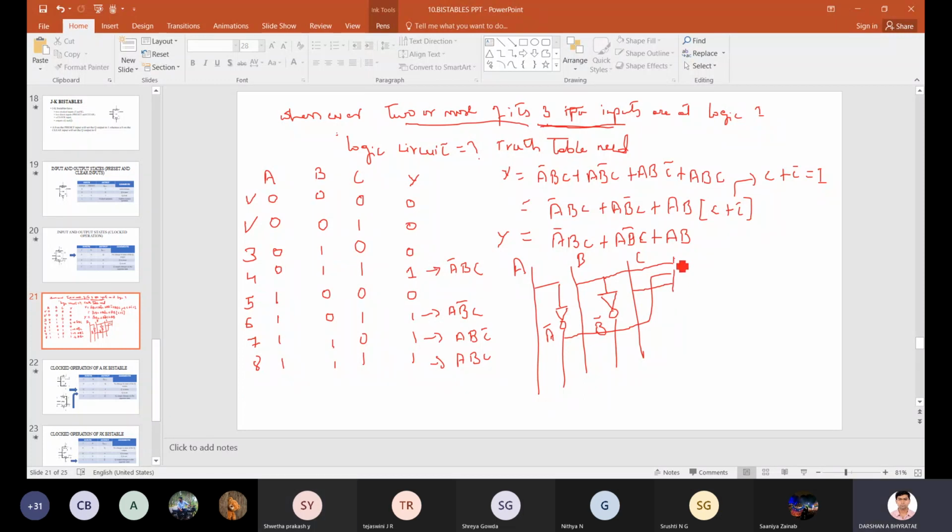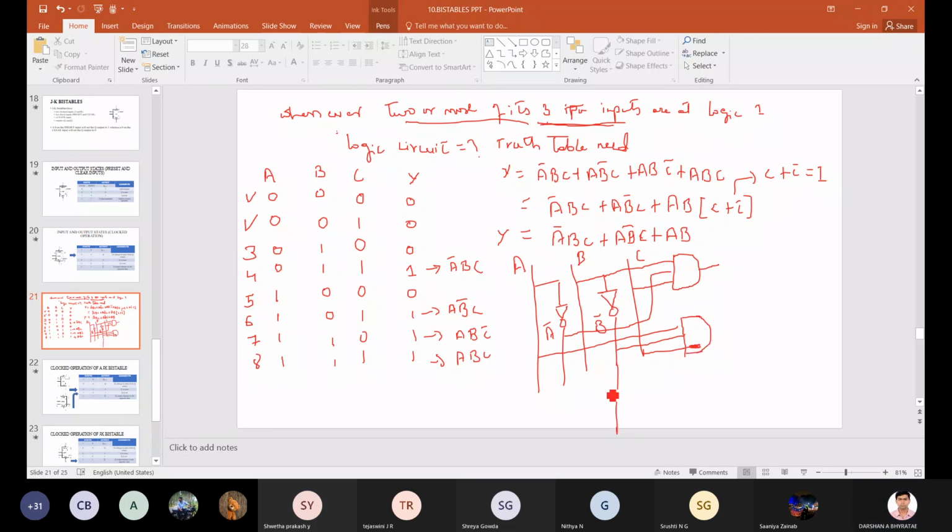AND gate, because it is a multiplication operation, a logical AND operation. Again, you take A, again B bar and C. Again, which gate? AND gate you have to use.